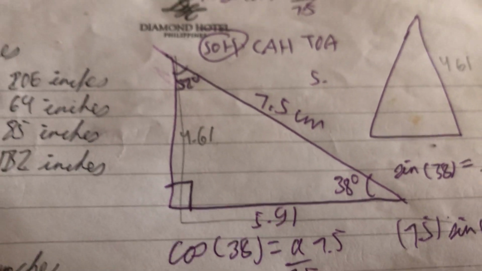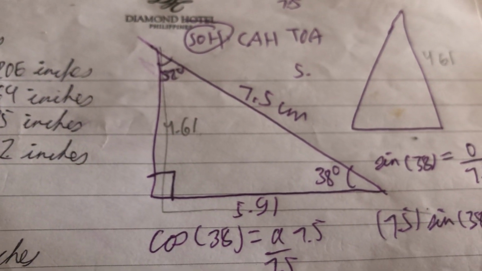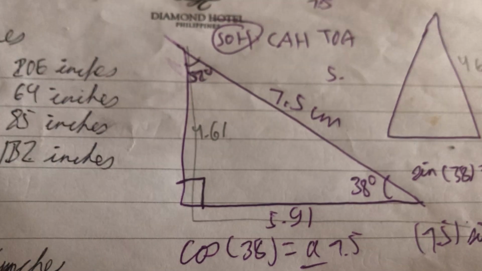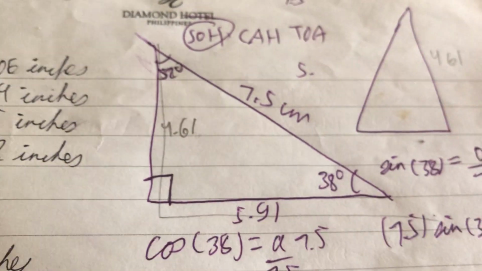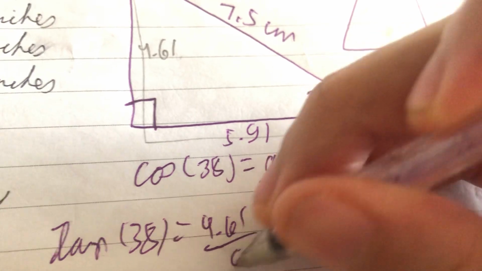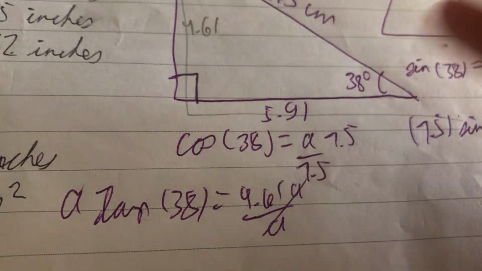Then another solution is this. You can use tangent. Remember tangent, opposite over adjacent. The opposite is 4.61. Remember the opposite is this one. So tan of 38 is equivalent to 4.61 over adjacent. So multiply both sides by the adjacent and then it's 4.61 divided by the tangent of 38, sorry, not 48.